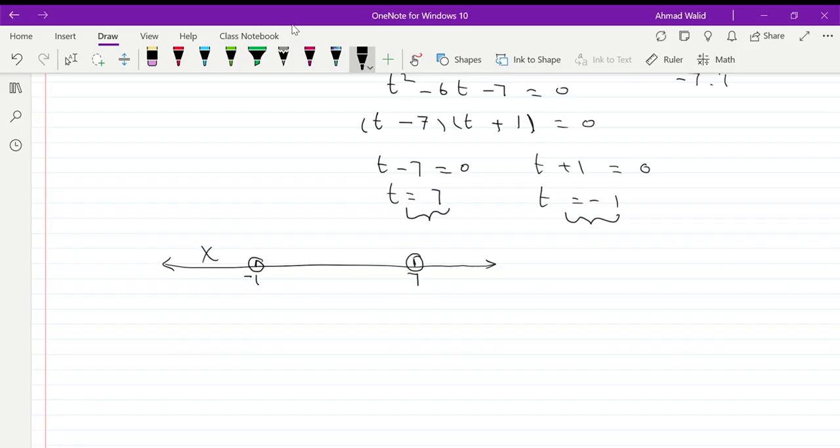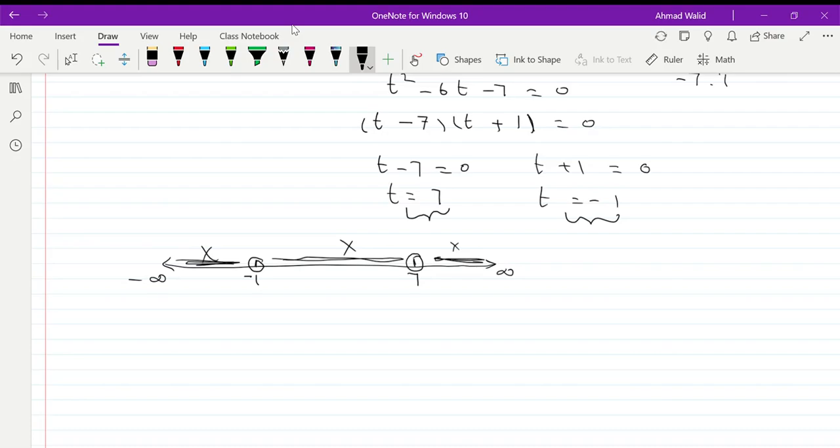This is your domain, this area. This part is your domain, and this part is your domain. Here you have infinity, here you have negative infinity. Look, the graph is actually the domain. It talks with you. If you put in a little bit of time and follow my instructions, you will not make a mistake on the quiz or on a test.